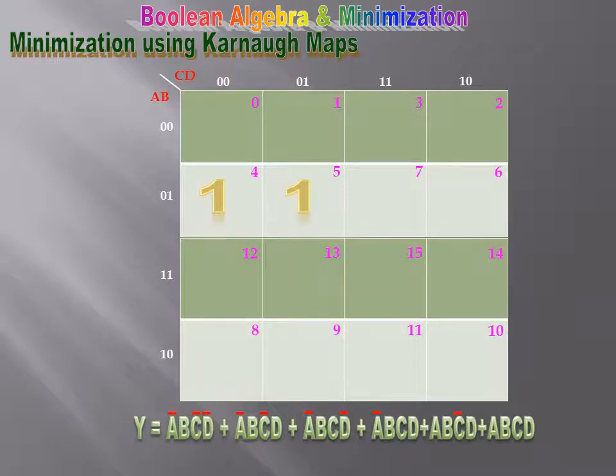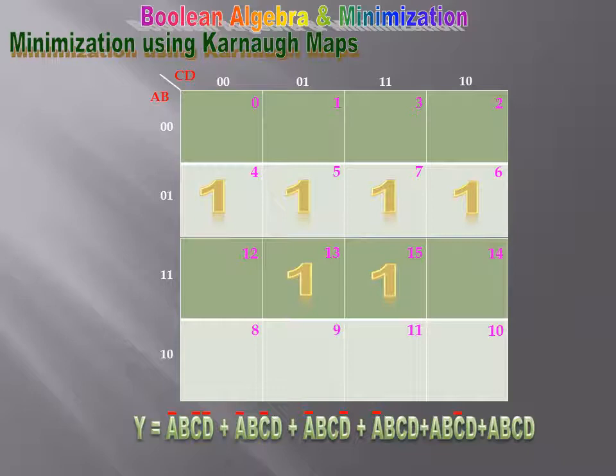The second term is 0, 1, 0, 1, which is 5. The third term is 0, 1, 1, 0, which means 6. The fourth term is 0, 1, 1, 1, which means 7. The fifth term is 1, 1, 0, 1, which is 13, and the last term 1, 1, 1, 1 means 15. All other terms are not present.